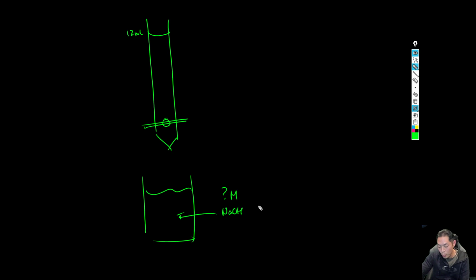But I do know I poured out, let's say, 30 milliliters of it. So I have 30 milliliters of unknown concentration of NaOH. I have a known concentration of HCl. Let's say it is 0.22 molarity. And I want to find out what this concentration is.